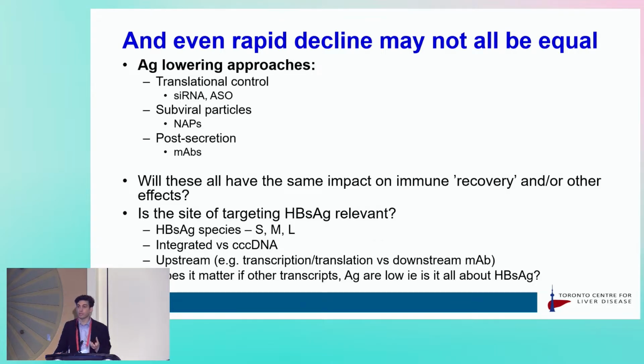So it's also important to consider whether what you're actually targeting is the same. So does it matter whether you're targeting the same surface antigen species, the small, medium, or large surface antigen?